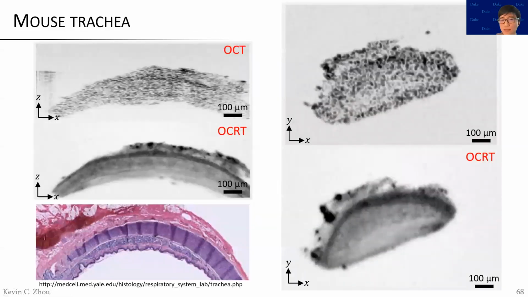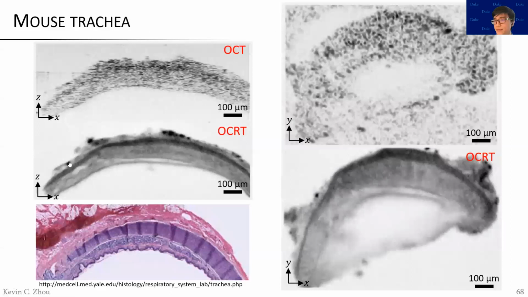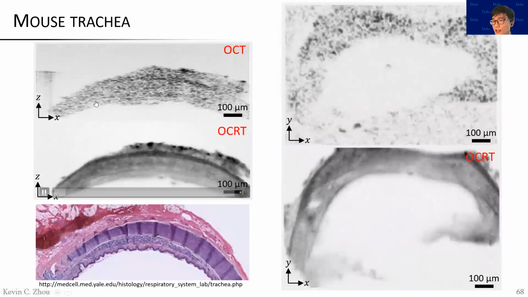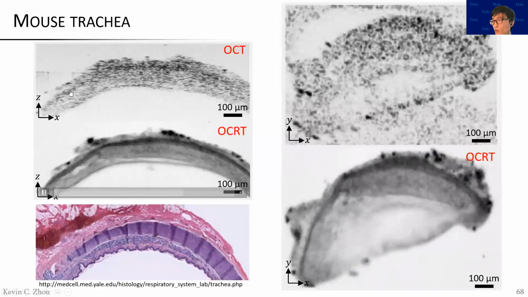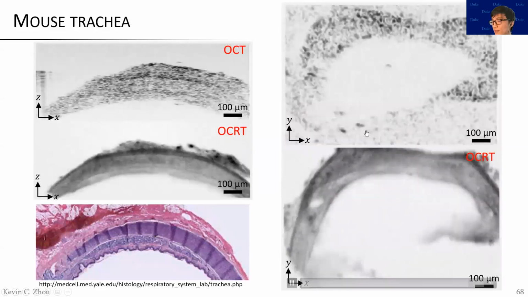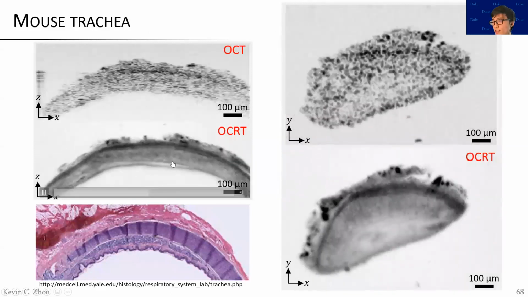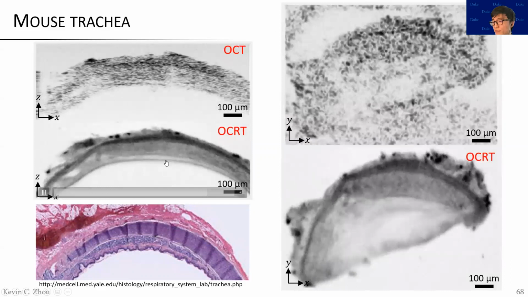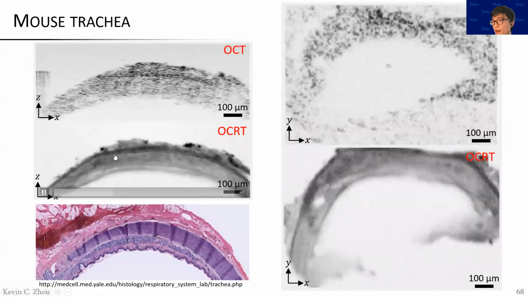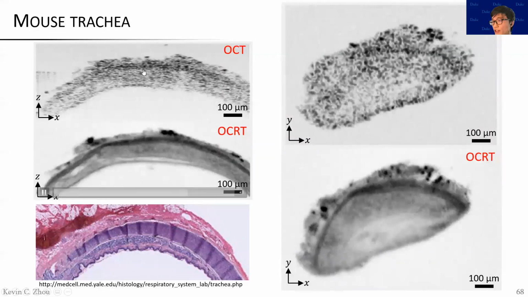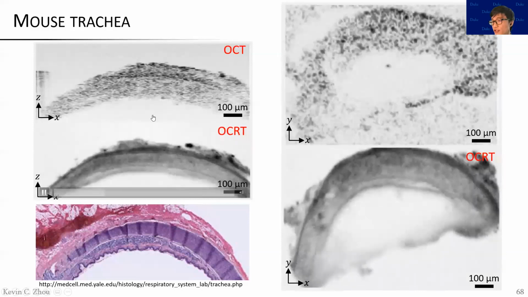Finally, we imaged a mouse trachea. So here we are flying through Y, and flying through Z on the right. And we can start to see these cartilage plates in the trachea that we don't see very clearly in conventional OCT.